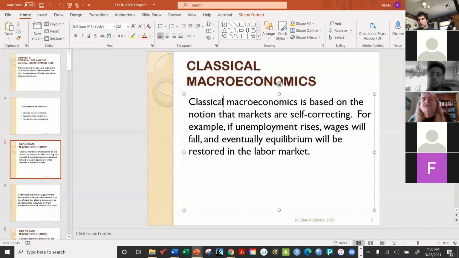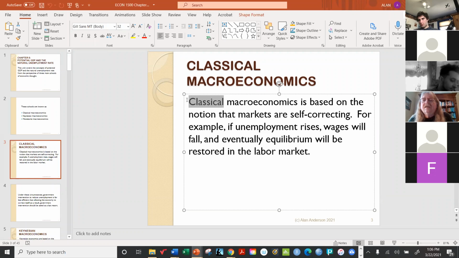Classical. Now whenever you see the word classical being used to describe any school of thought in economics, it typically refers to the people who came along during the 19th century and maybe possibly the 18th century, whose focus was on free markets and making sure that markets were as efficient as possible.